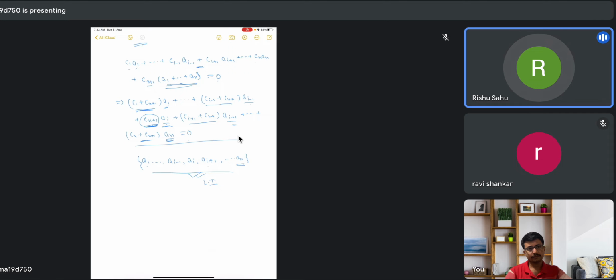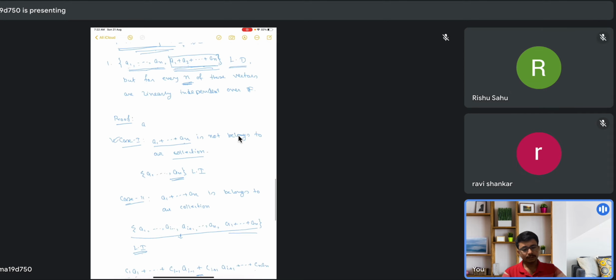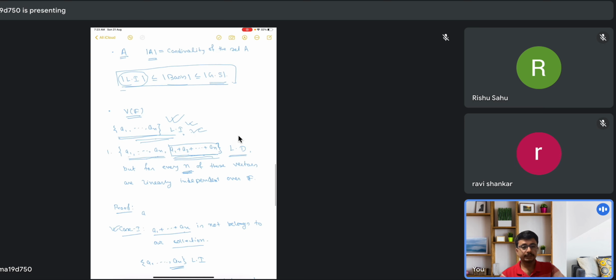Yes, sir. Now I understand. So one linearly independent set was there, we add another element, but it turns into a linearly dependent set. Is it fine?